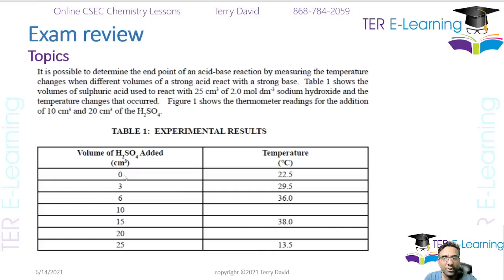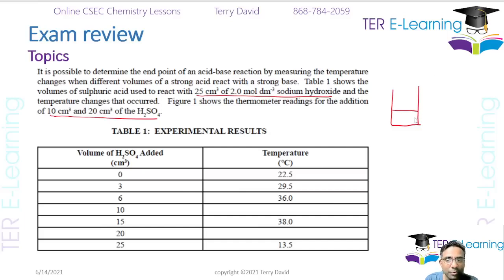So what we would do is, these are my solutions. This is sodium hydroxide. And then we're going to add sulfuric acid to it. So what's happening here? You have basically a styrofoam cup. So this is a lab that hopefully you would have done.